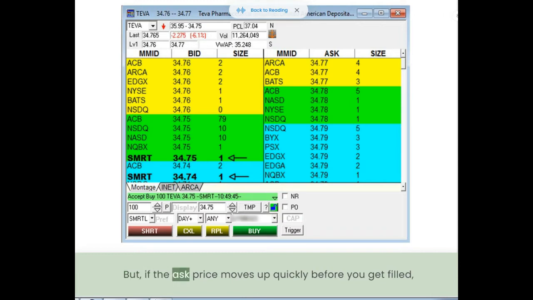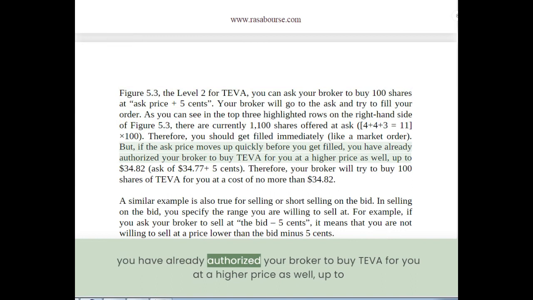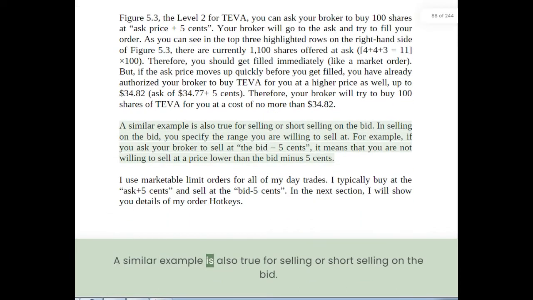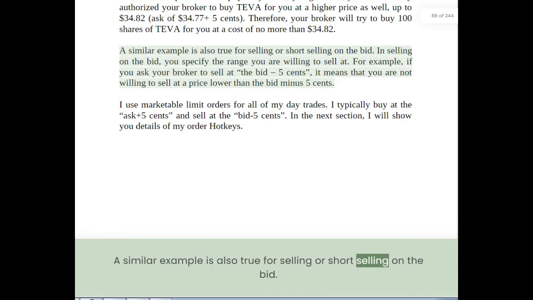But if the ask price moves up quickly before you get filled, you have already authorized your broker to buy Teva for you at a higher price as well, up to $34.82. Therefore, your broker will try to buy 100 shares of Teva for you at a cost of no more than $34.82. A similar example is also true for selling or short selling on the bid.